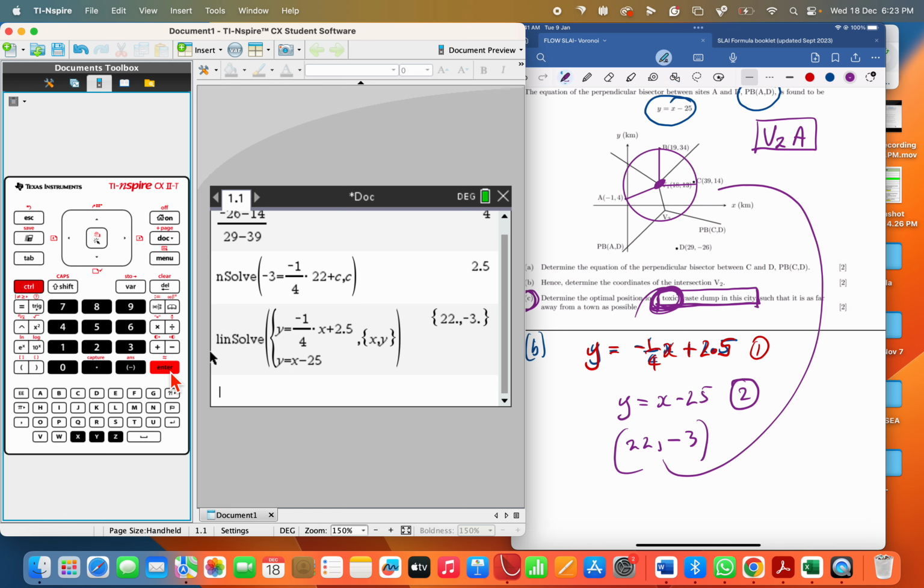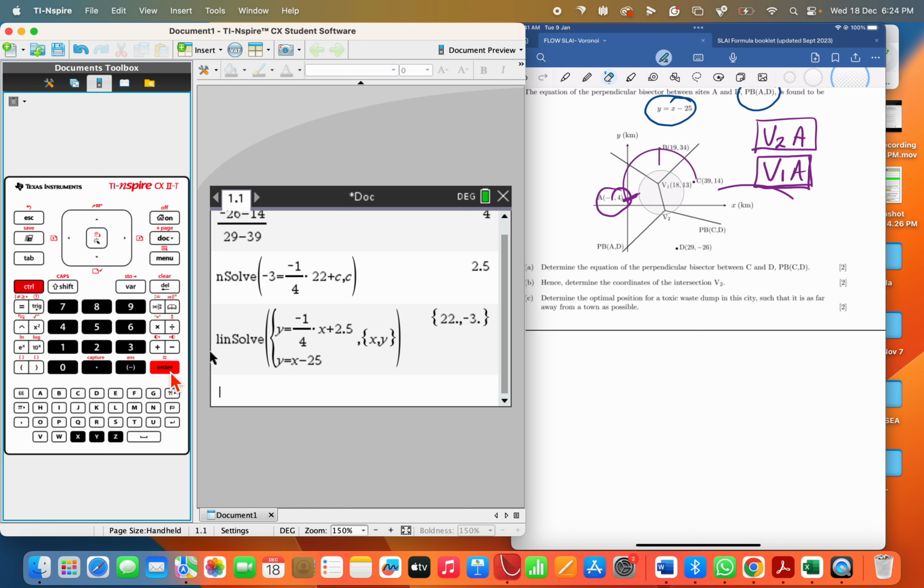So we have to test V1 with any of those 3 points. Can you see, A is to this point and A is also to this point here. So let's go and test V1 with A. That's how to do this last part. We have to find V2 to A, the distance, using the distance formula, and V1 to A using the distance formula. So let's just go and finish that off.